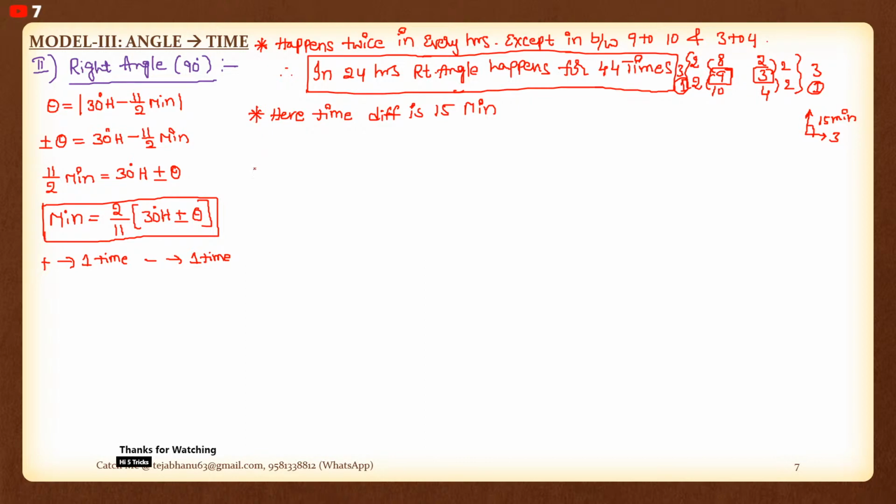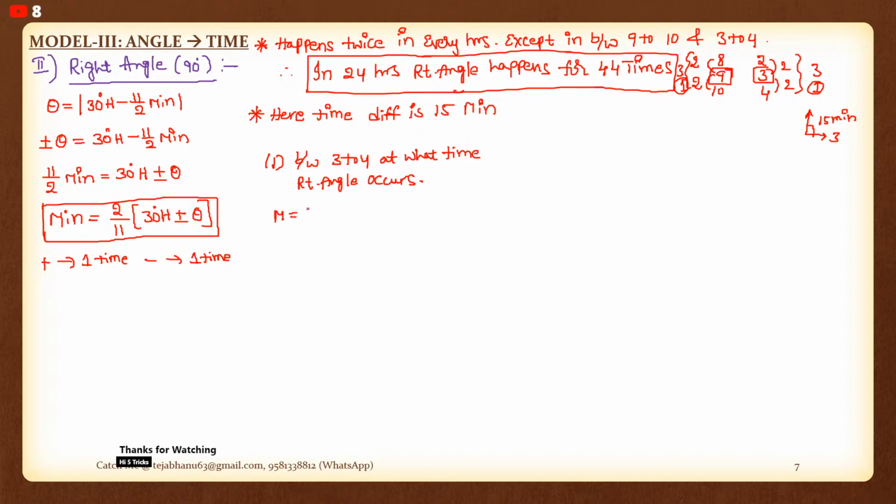Now, let's solve some questions. First one: between 3 to 4, at what time does a right angle occur?